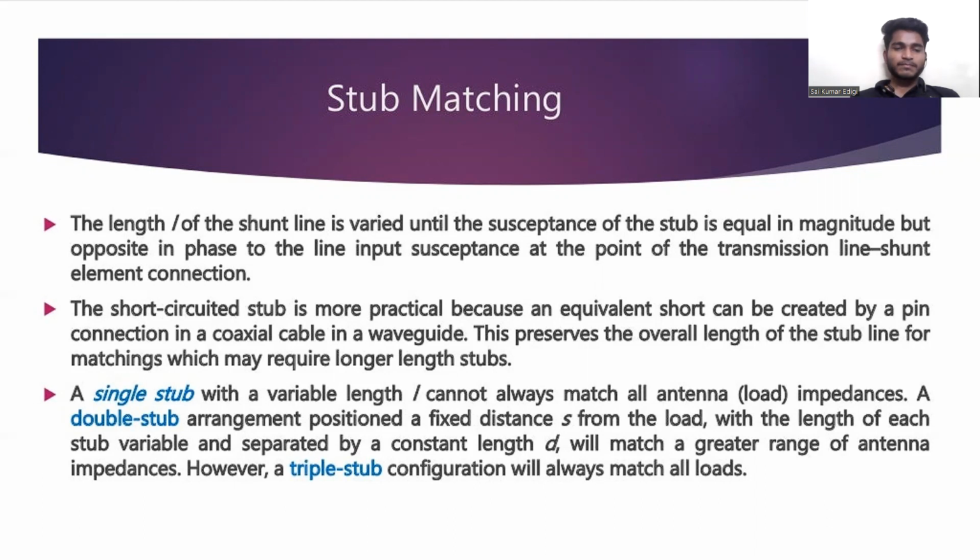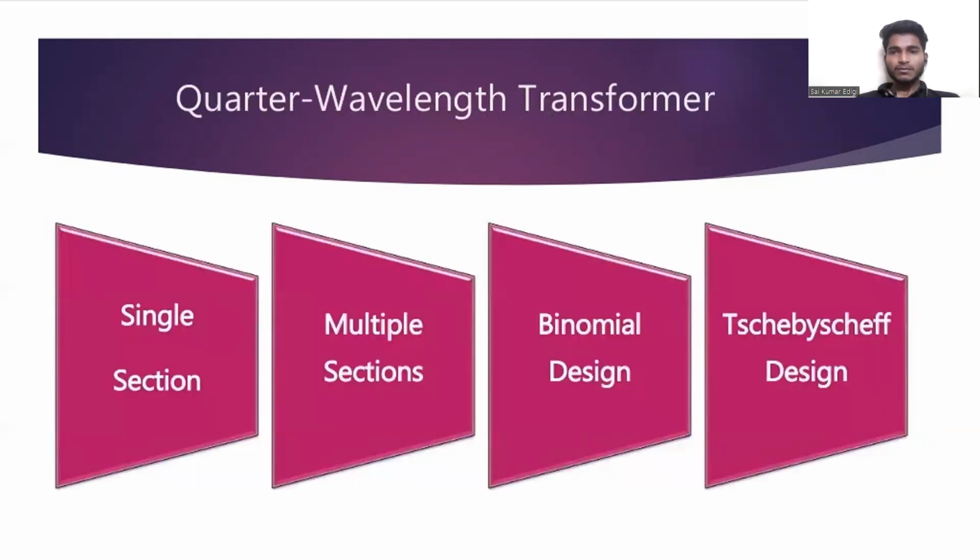A single stub with a variable length L cannot always match all antenna load impedances. A double stub arrangement positioned a fixed distance S from the load, with the length of each stub variable and separated by a constant length D, will match a greater range of antenna impedances. However, a triple stub configuration will always match all loads.